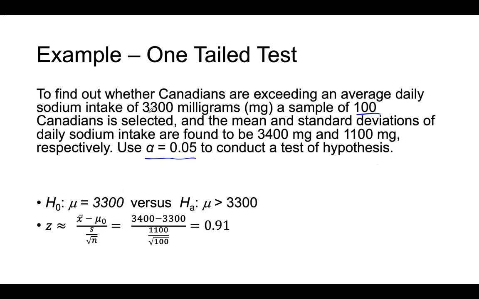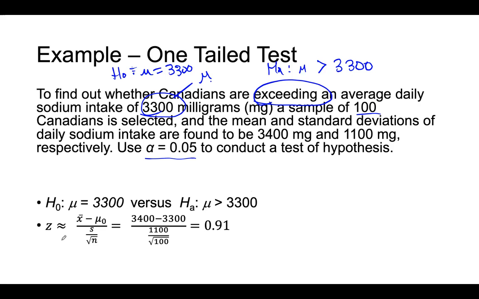Rereading it, we see that here is our mean that we're testing, and we want to see, does it exceed our daily intake? Is it greater than this value? So we assume our null is that it doesn't exceed. So that's first setting it up.